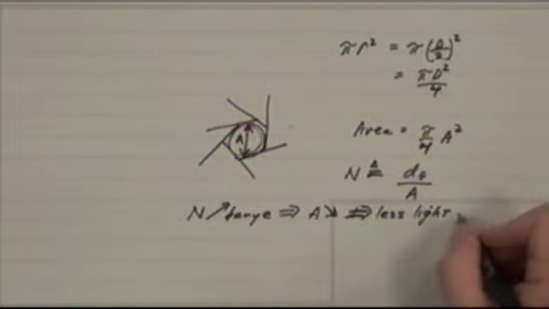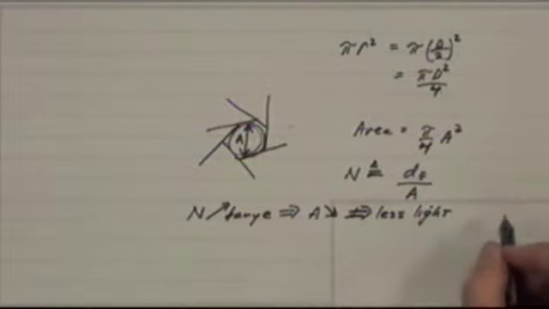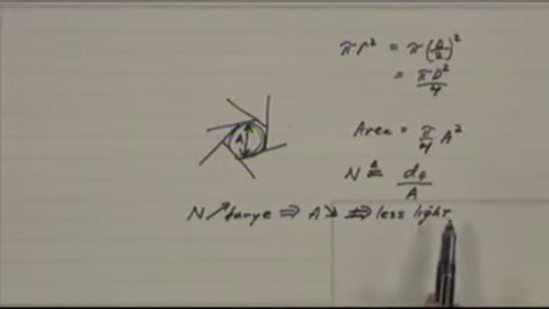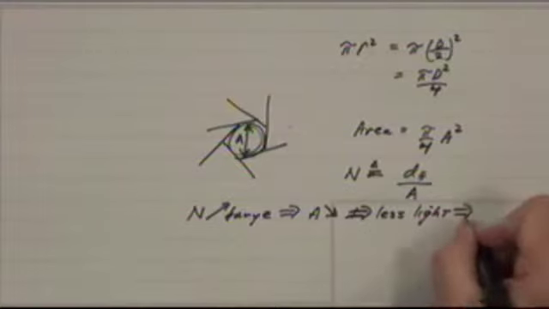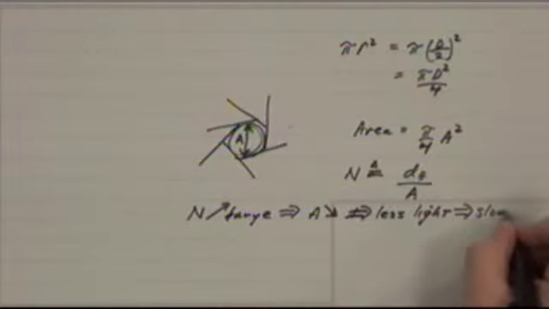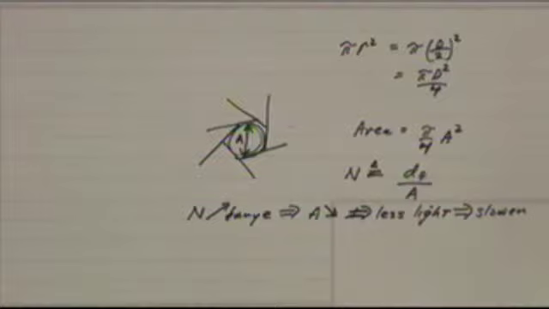And less light means that when you go to take the picture, if you can let less light in, you have to leave the aperture open longer. So the shutter speed has to be longer to compensate. So often this is described as being slower. Less light is slower because the less light you have, the longer you have to leave the aperture open.